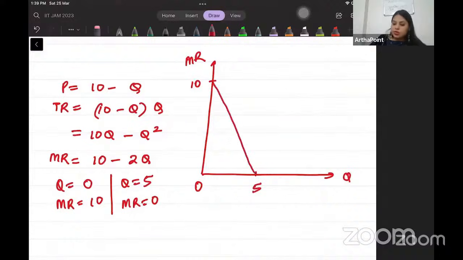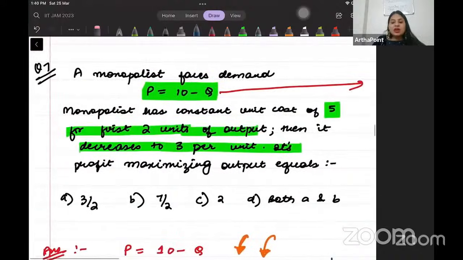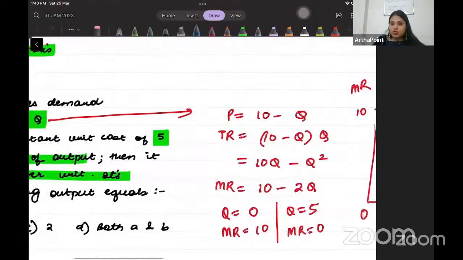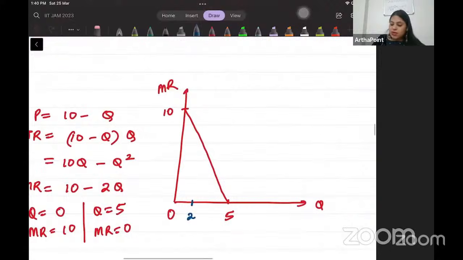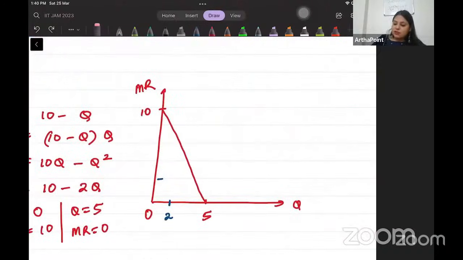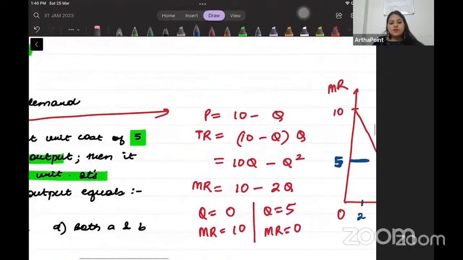Okay, now look here. I am incurring a constant cost of 5 for the first 2 units. So for the first 2 units, my marginal cost is like this. For the first 2 units, your marginal cost is 5.